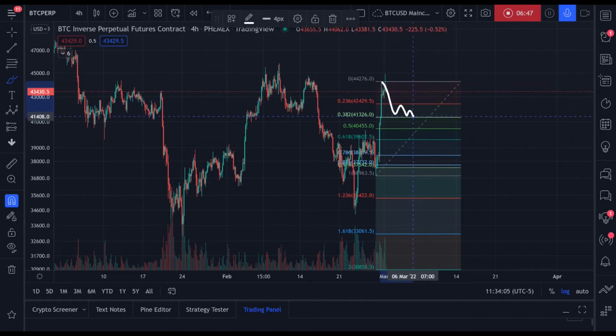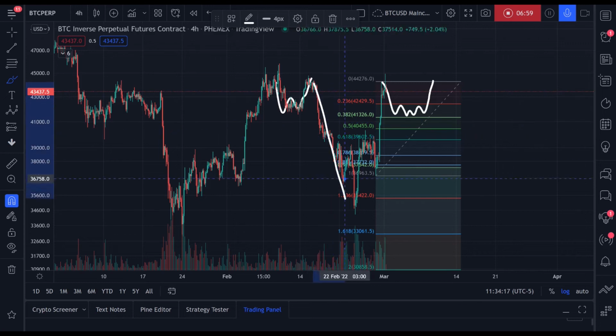So that would mean we could come and do something like this. And that, ladies and gentlemen, looks very similar to what we did in the left shoulder. You have your symmetry.